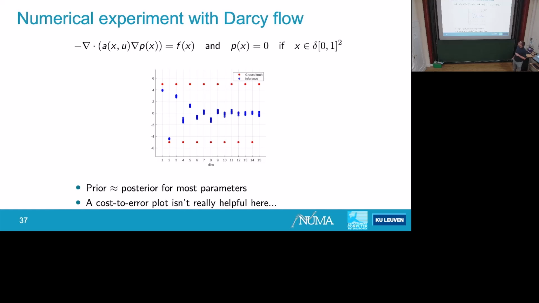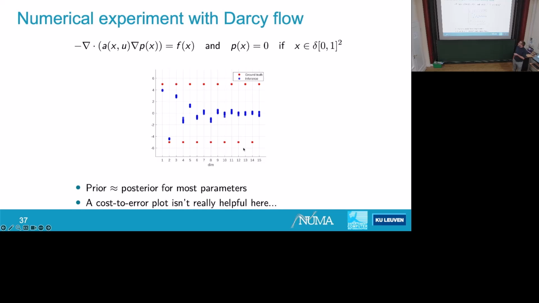He's taken a KL expansion of the permeability coefficient in a Darcy flow problem, and he has put the ground truth at the red dots. All odd terms have coefficient +5, all even terms have coefficient -5. Why? Because it gives a nice graph.